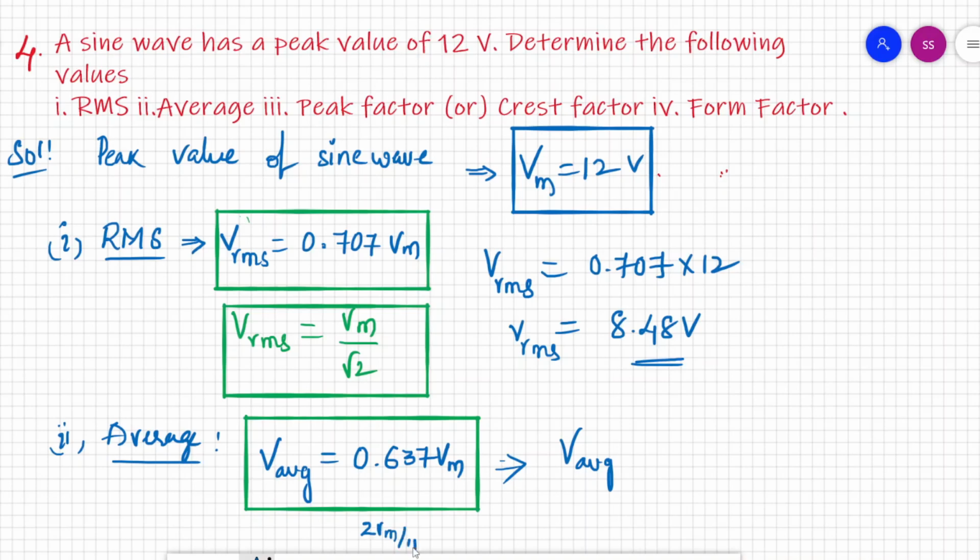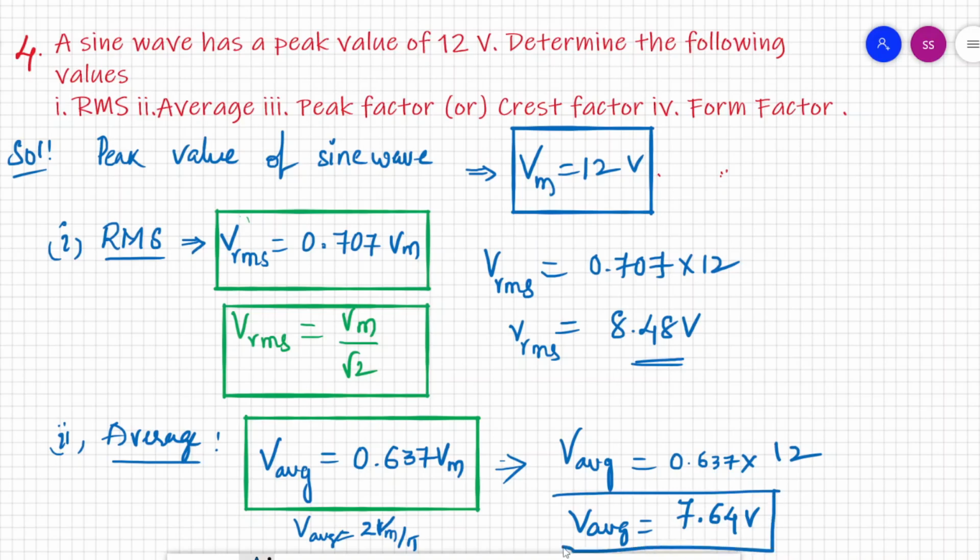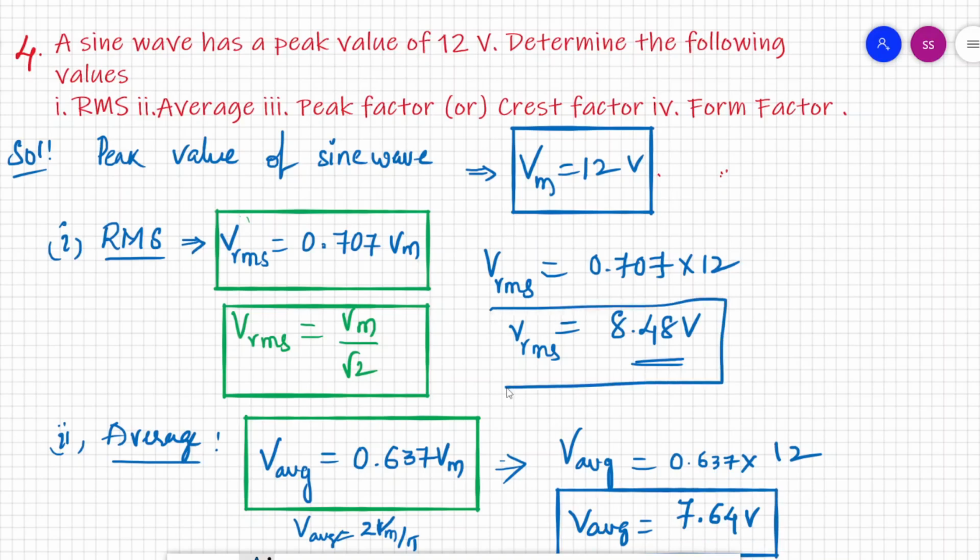So V average is nothing but 2 VM by pi. Now V average equal to 0.637 into peak value, that is 12, right? So V average can be obtained as 7.64 volts. Okay, so a sine wave having 12 volts peak has an RMS voltage of 8.48 volts and average voltage of 7.64 volts.